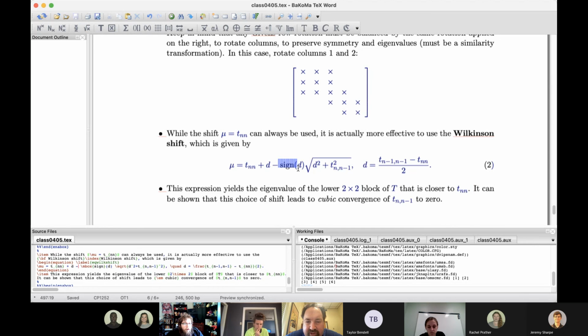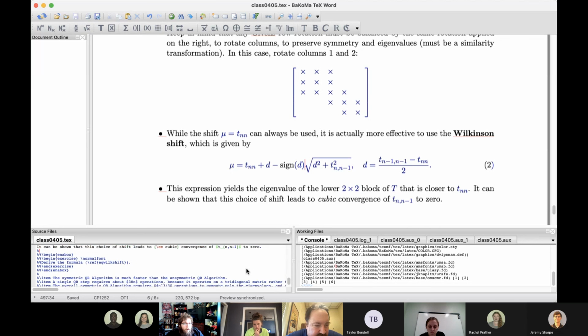And that's what leads to this expression right here. Sign of D is 1 if D is positive and minus 1 if D is negative. This actually leads to cubic convergence. So subdiagonal entries are zeroed out even faster than the quadratic convergence we saw in the unsymmetric case. That was already quite good, but this is even better.